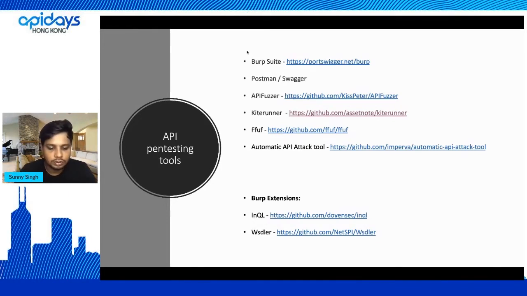So you can start playing with each and every request again and again, and look into the different sets of responses coming from the server for the same parameter, right? So you can start putting in so many payloads, and Burp Suite will help you do that very fast, right?